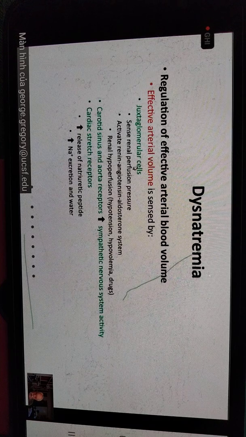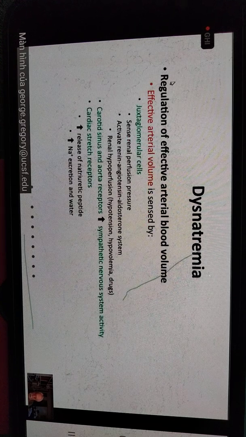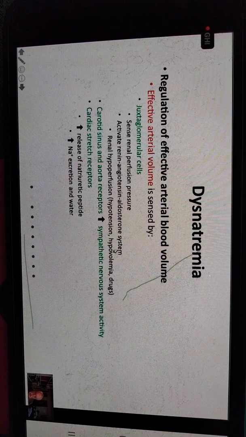If the perfusion is low, it makes them take up more fluid to increase the volume. So it's really an important part of this. And it activates the renin-angiotensin-aldosterone system. And renal hypoperfusion leads to hypotension, occurs when you have hypotension, hypovolemia, or some drugs that are used.